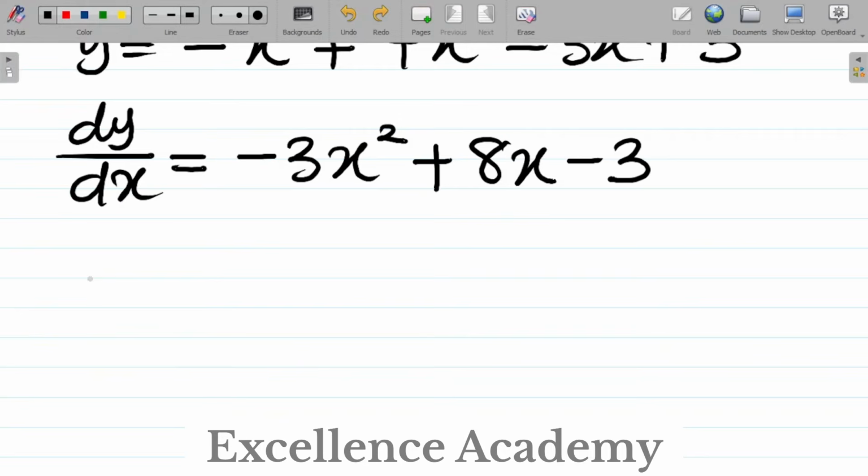At this point, the next thing you do is to take the turning points, so look at the condition of something called turning points.